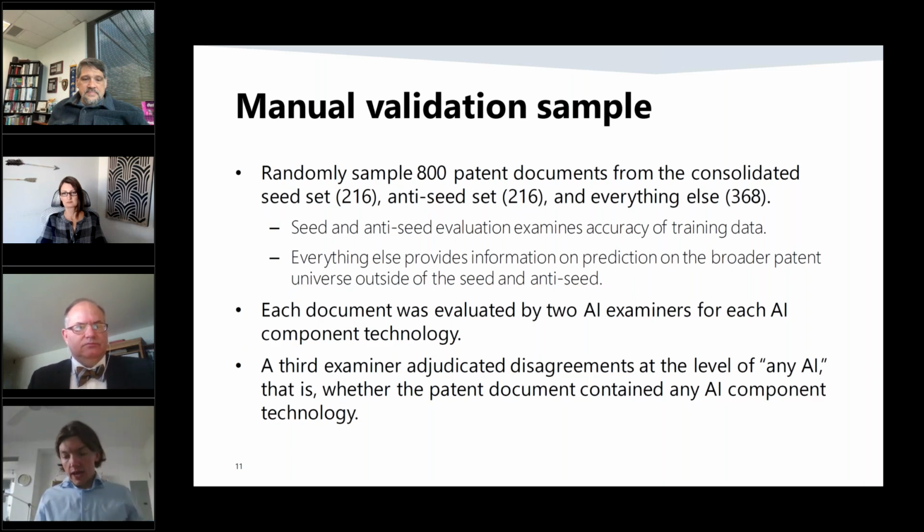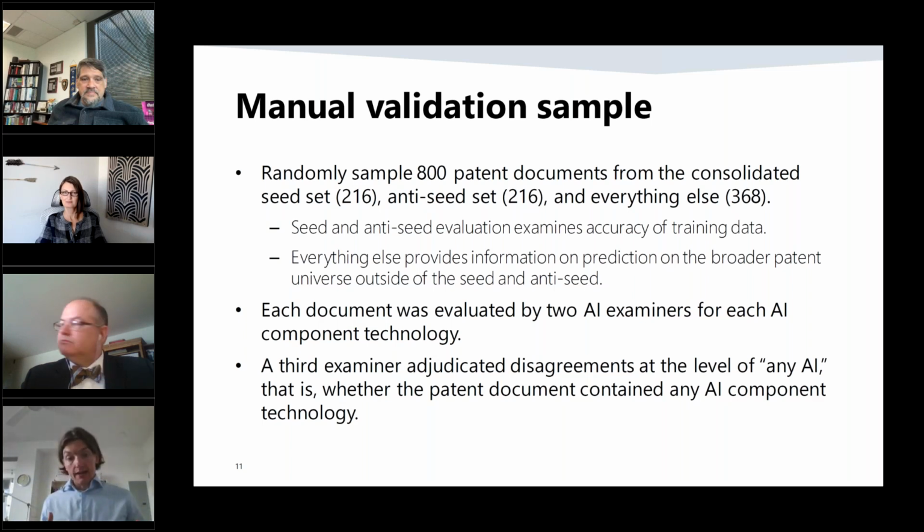And then we had a set of patent examiners, and we had 2 patent examiners evaluate each document. They went through and said, okay, this is NLP, or this is vision, or all of these component technologies. And the patent examiners can disagree, right? We had directions that defined all of these things, but even with all of that, these are experts in the field, and they were still disagreeing, because there's always some ambiguity here with what is AI, even within these technology components.